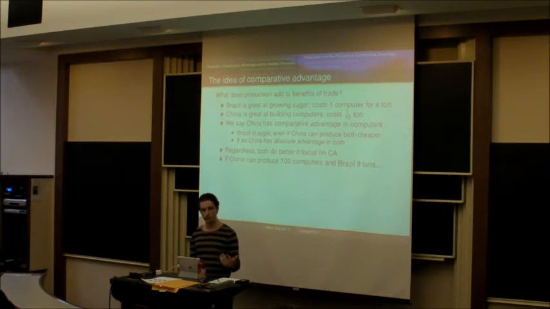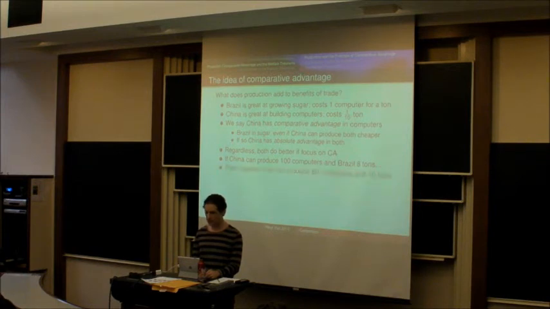China could produce 100 computers, so imagine China is much more productive. So if China can produce 100 computers, or 10 tons of sugar, right? So they're more productive overall, right? Brazil can produce 8 tons of sugar or 8 computers, so they're much less productive.